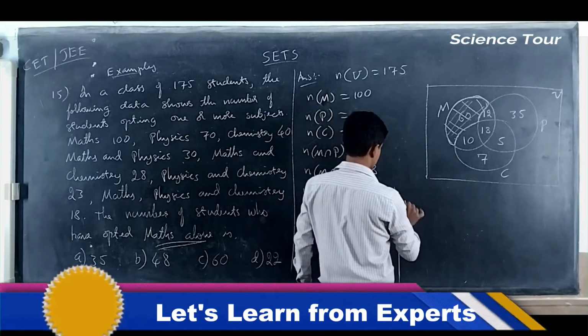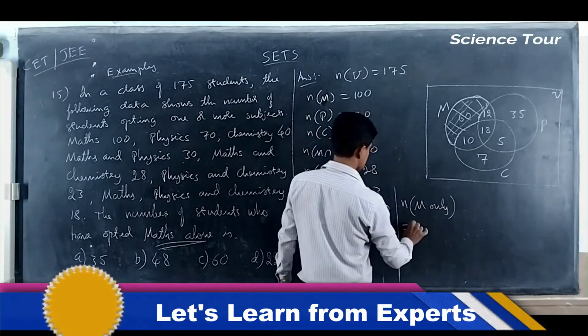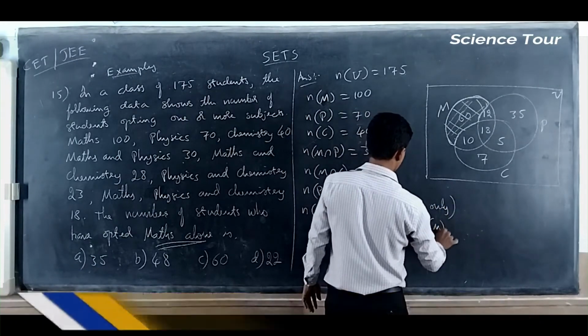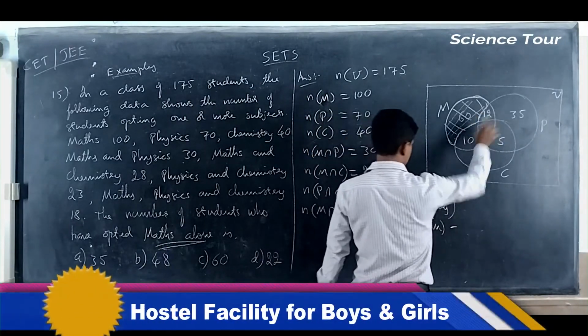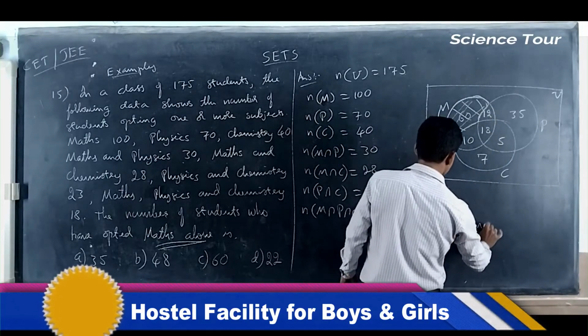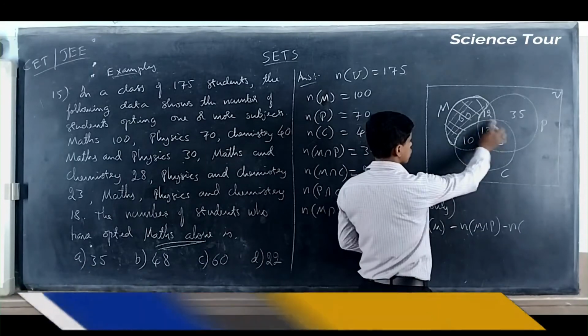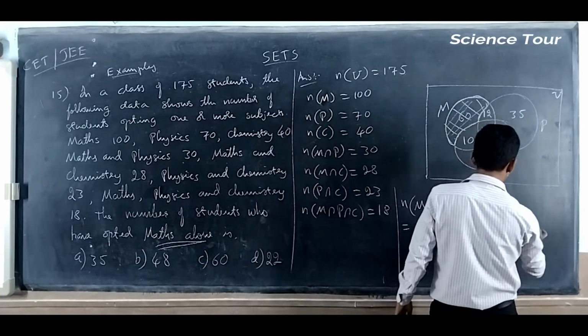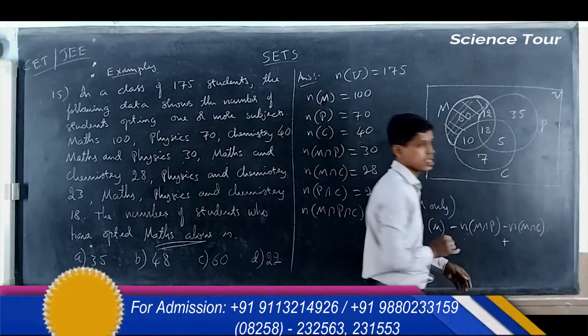Okay, so the number of elements in M only is nothing but n of M minus, if you need the formula, n of M intersection P minus, you have to subtract this region also, M intersection C, but you need to add something here. Why?